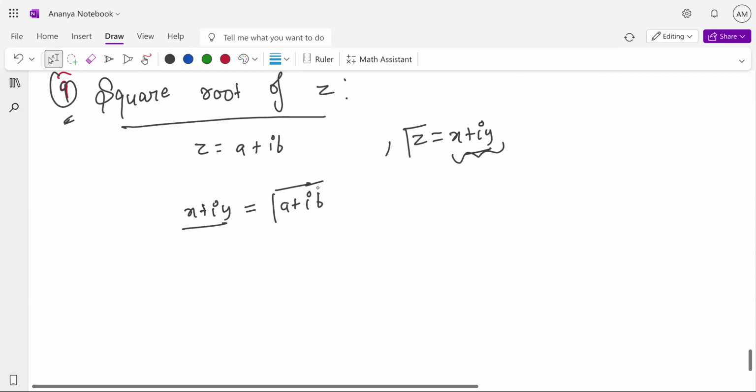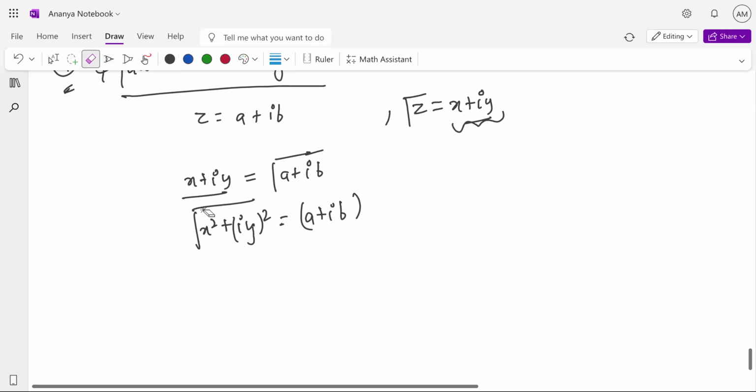Wait, it should be the whole square, not just this part. Basically, we just have to square both sides. Then, when you solve further, you will get two parts, one real and another imaginary.